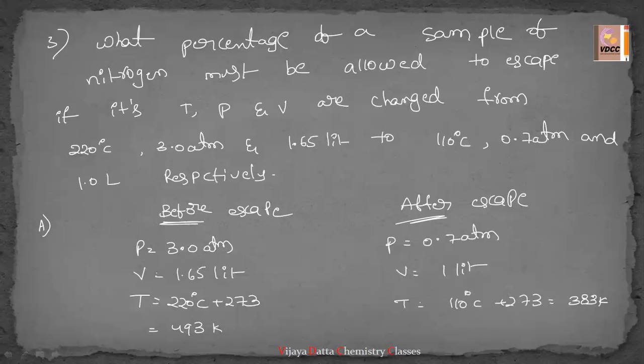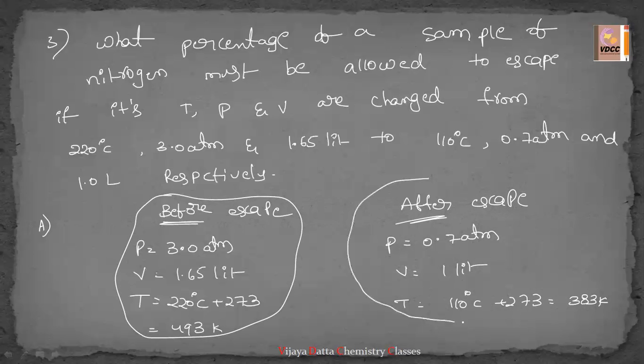First, what we have to do, we have to find the mass individually: mass of nitrogen gas before escaping and mass of nitrogen gas after escaping. Then if we get the difference between the masses, we'll get the percentage of nitrogen.